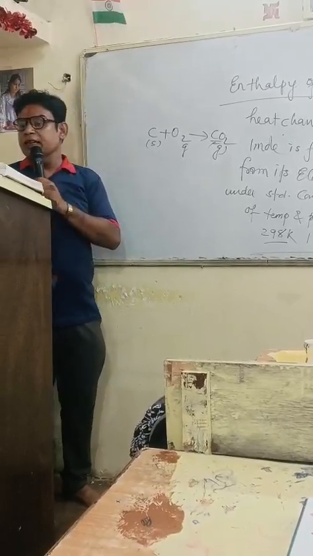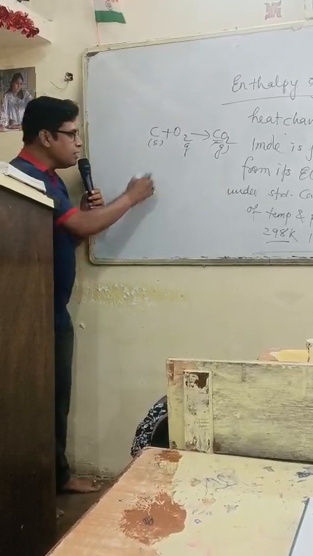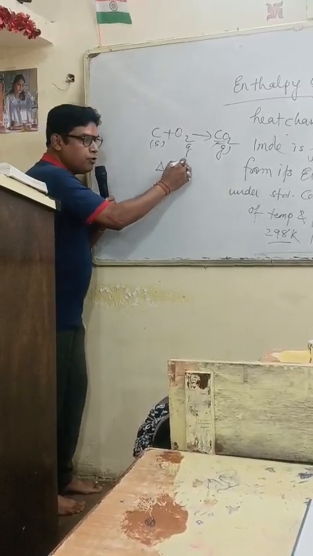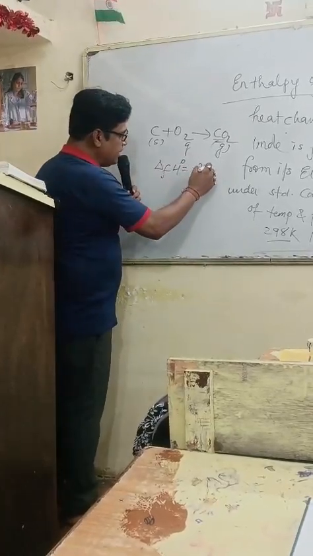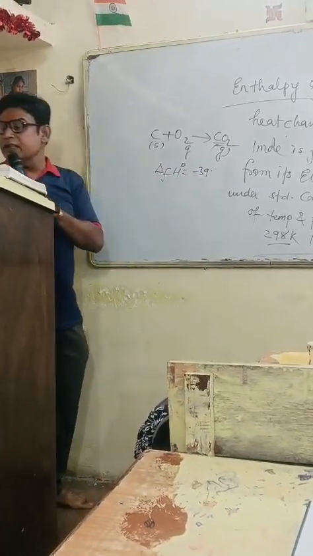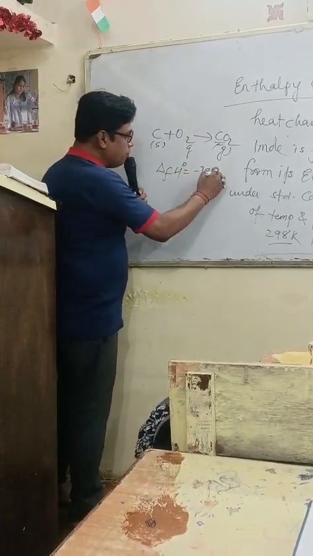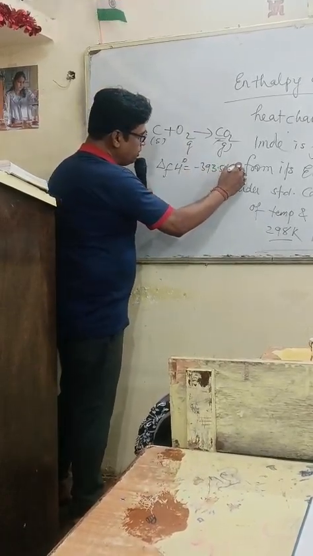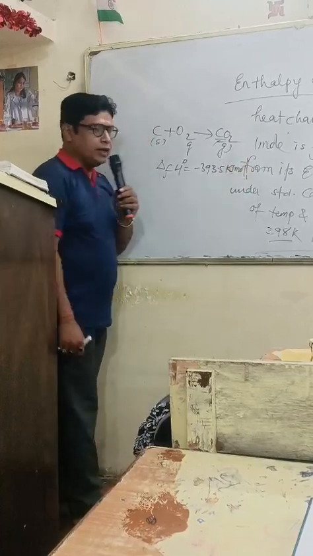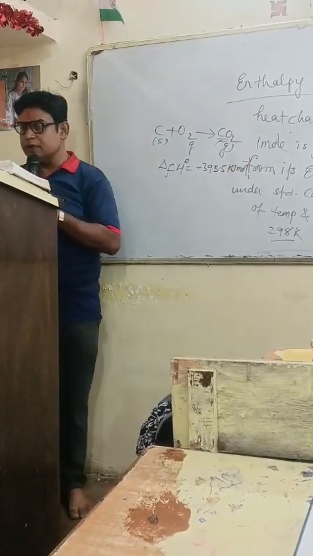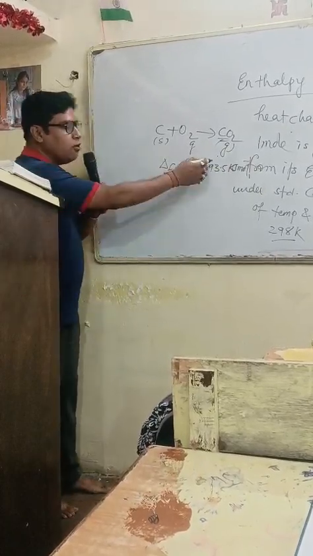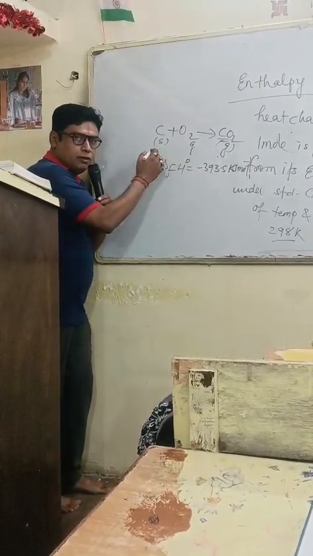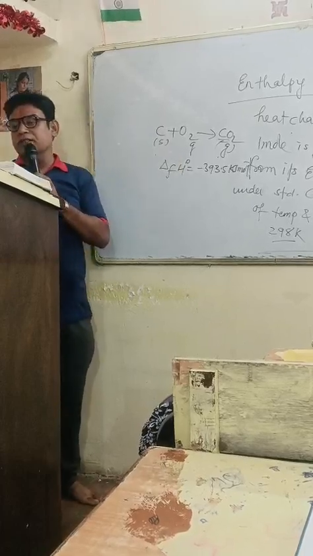Now, as I told you, its ΔfH, the enthalpy of formation, is always equal to minus 393.5 kilojoule per mole. Clear? So 1 mole of carbon dioxide gas is formed from those two elements, one is carbon and one is oxygen.